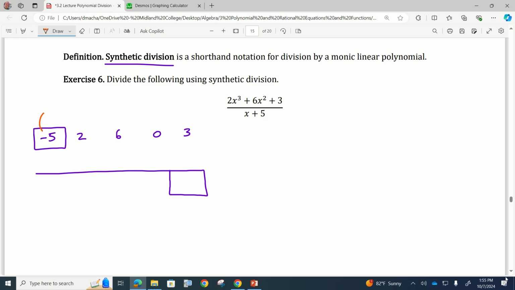And then this -5, I wrote -5 in the box because this is the root of the denominator.